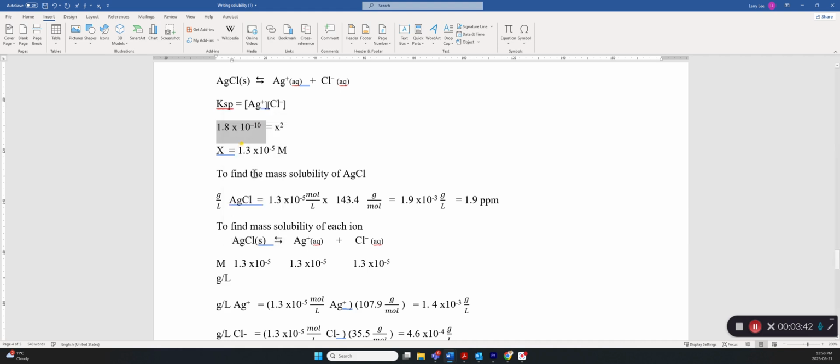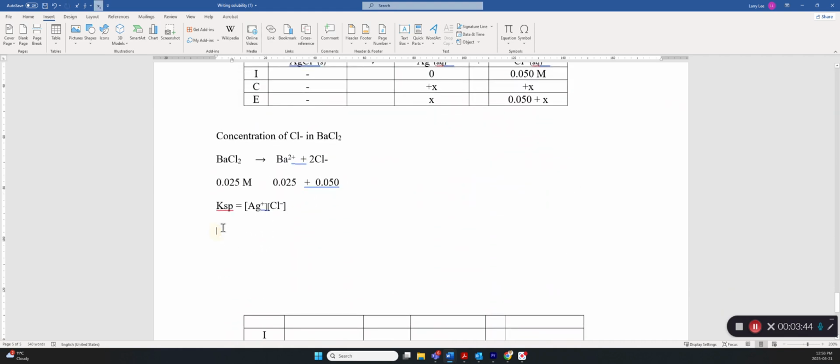I'll use that and bring it down here. So Ksp, this time the silver is going to be X, and then we've got 0.050 plus X.